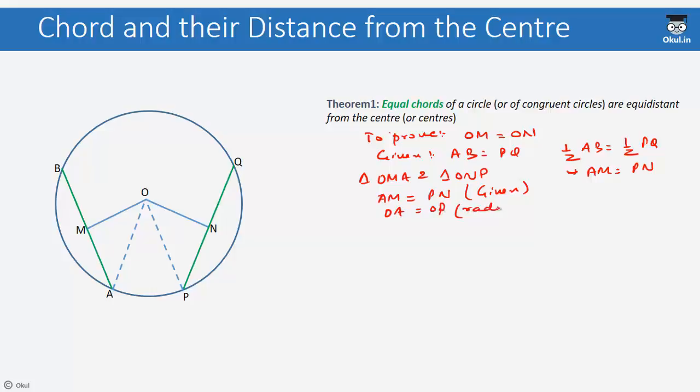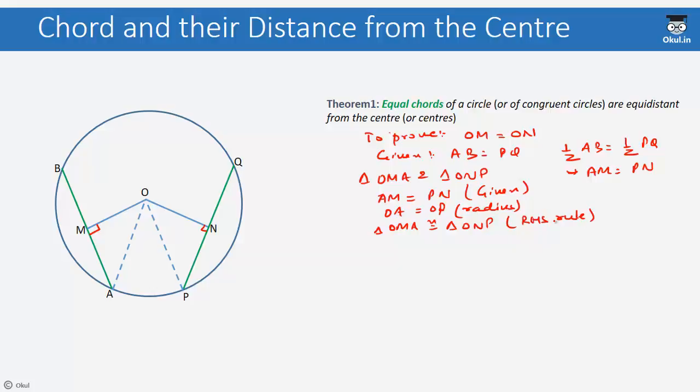And since OM drawn on the chord is perpendicular to the chord according to the theorem we learned earlier, we have right angle triangles with equal hypotenuse and an equal side. So we can conclude that triangle OMA is congruent to triangle ONP by the RHS congruency rule.